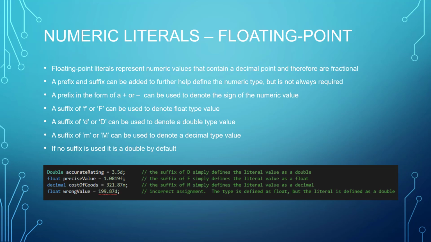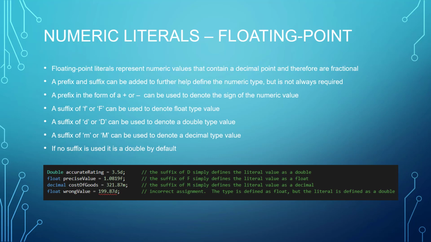Again, it's not necessary that you use these literal suffixes, but it does further help define the data. So it makes sense here because you can see that the precise value is a float.